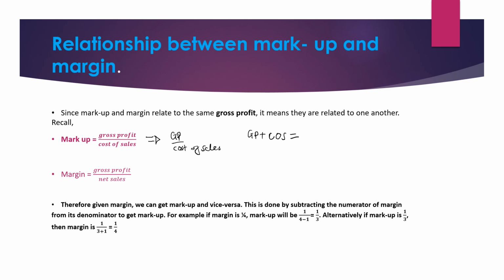We said if we add them, they give us the net sales. Now, coming to margin, we have the gross profit over net sales. What do we know about net sales minus the gross profit? We are getting the cost of sales.